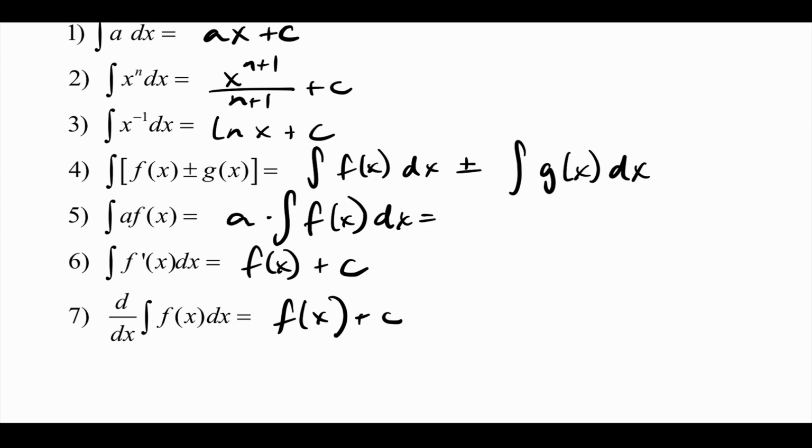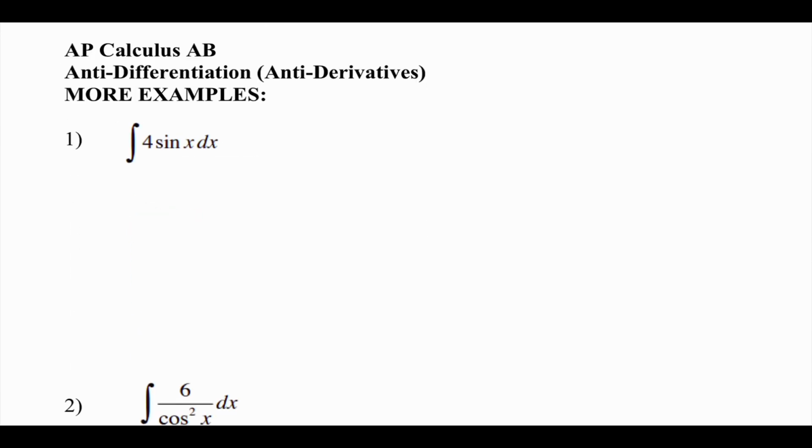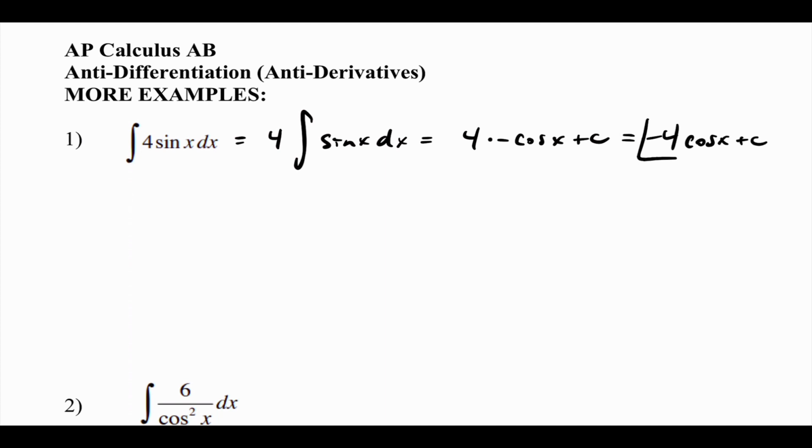Whatever the number in front of sine is, is a coefficient, so I can just move that to the front. So it's 4 times the antiderivative of sine of x. The antiderivative of sine of x is negative cosine, plus c. Negative 4 cosine x plus c.